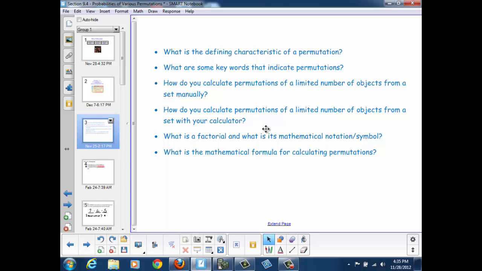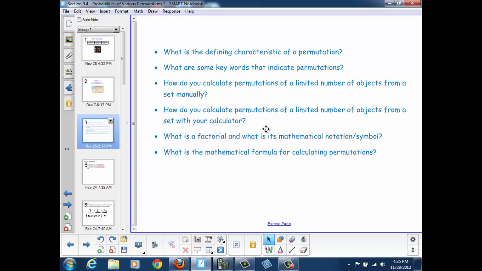How do you calculate permutations of a limited number of objects from a set with your calculator? We go into the Math menu, go over to the Probability area, and use the nPr option. What is a factorial, and what is its mathematical notation or symbol?